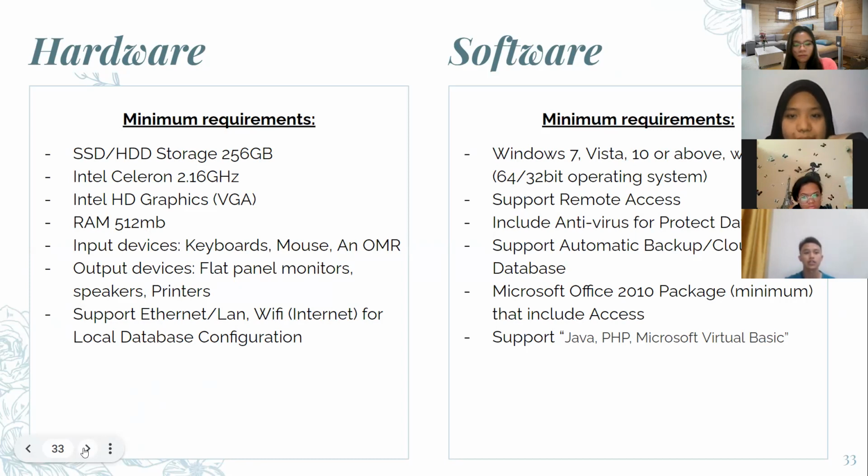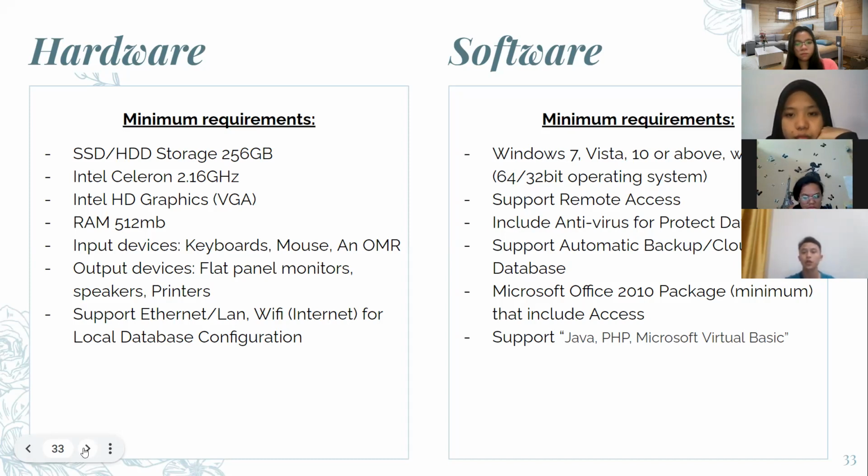Next, Intel HD graphics for VGA. And for RAM, 512 megabytes. For input devices, keyboards, mouse, and OMR. And for output devices, flat panel monitors, speakers, and printers. The hardware also needs to support Ethernet or LAN or Wi-Fi for local database configuration.